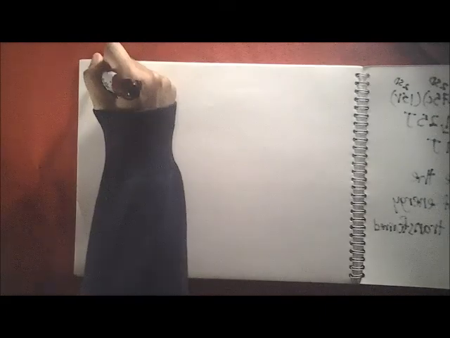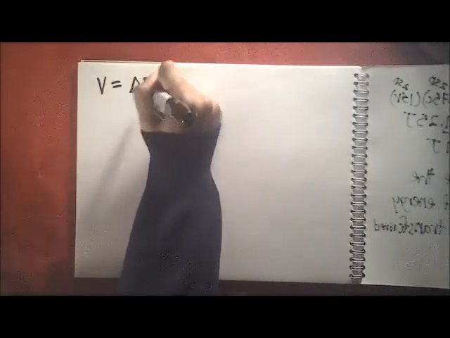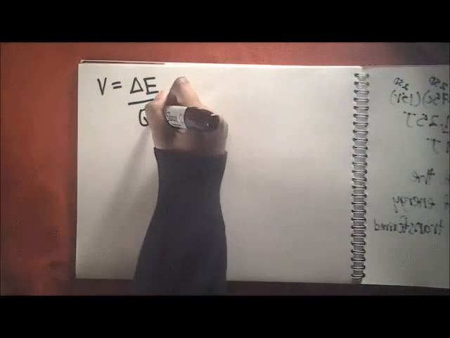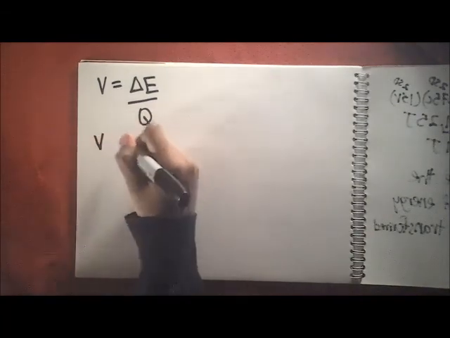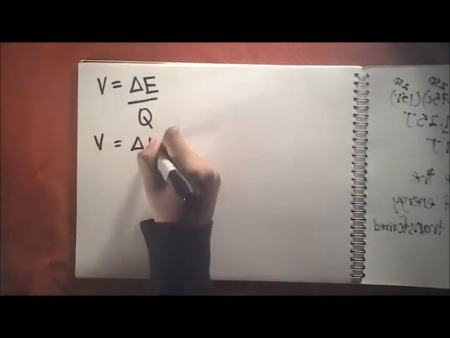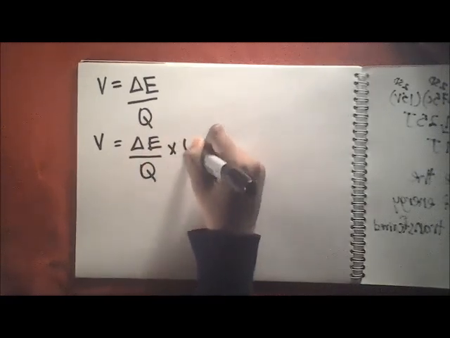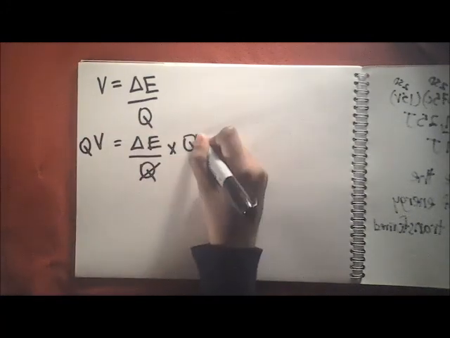Now that you have learned how to solve for delta E, we can move on to solving for Q. So just like our first problem, we first have to rearrange the original equation to solve for our unknown variable, Q. To solve for Q, or charge, we must multiply Q on one side to move it onto the other side of the equation.